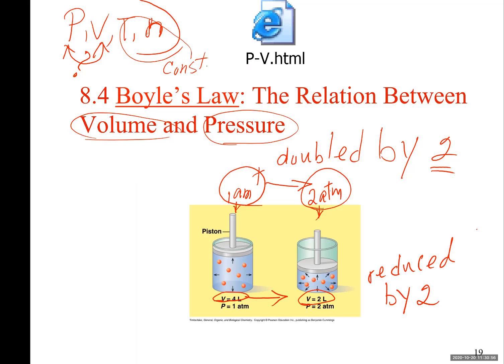And that's reasonable, guys. If you are using your bicycle pump, as you're pumping, doesn't the pressure of the air go higher? And what is happening to volume? As you're pumping, do you bring your pump halfway down the cylinder? So you're reducing the volume by increasing the pressure.